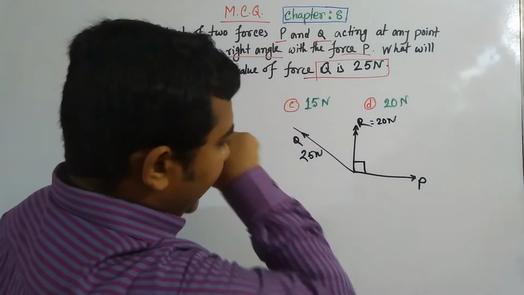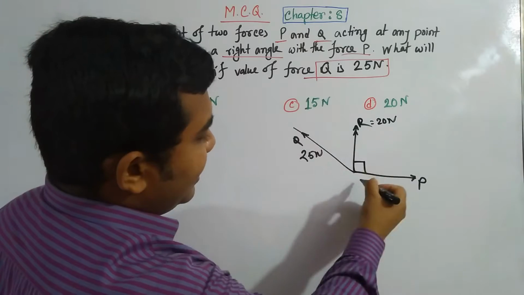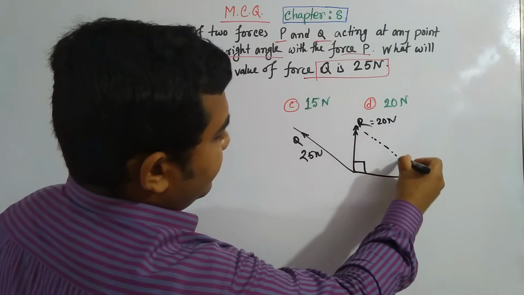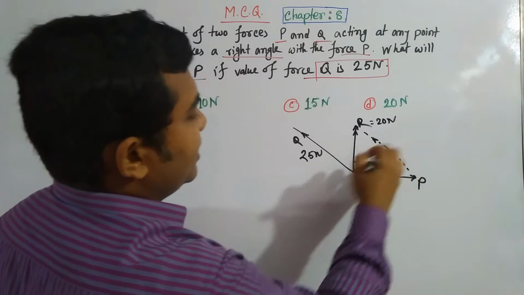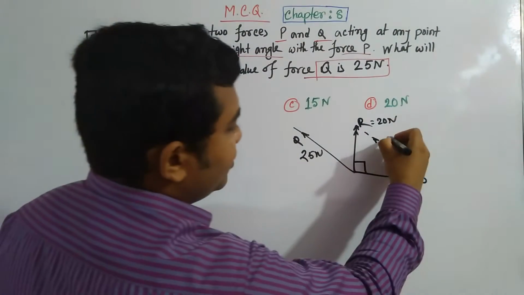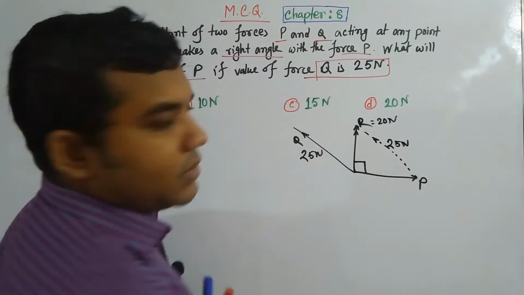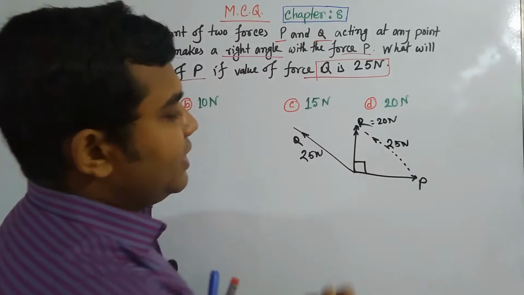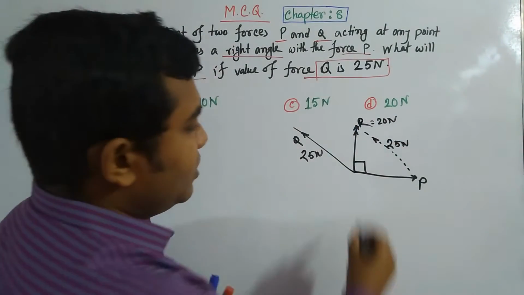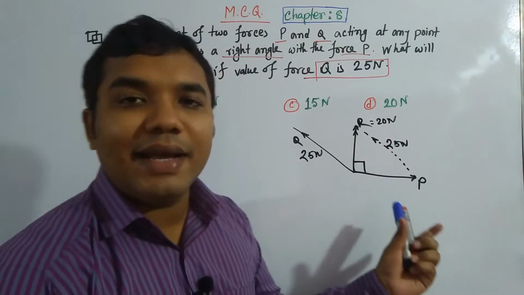If we draw a parallel line here, this is the force Q, so it should be 25 Newton. So that was 20 Newton and that was 25 Newton, so it creates a right angle triangle.